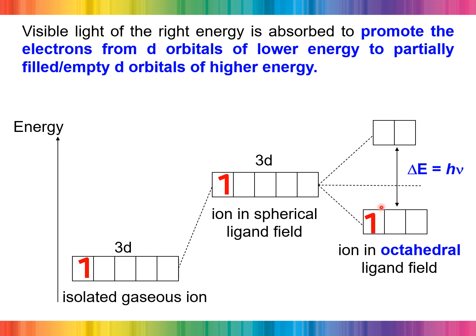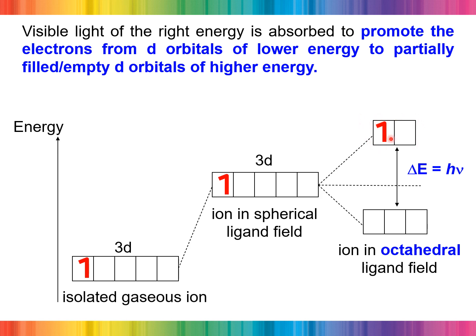For physics students, you learn that energy levels are all in discrete levels. There's a fixed value to it, and that fixed value in this case will correspond to that particular wavelength within white light. So you will get promoted to the partially filled or empty d orbitals of a higher energy here.